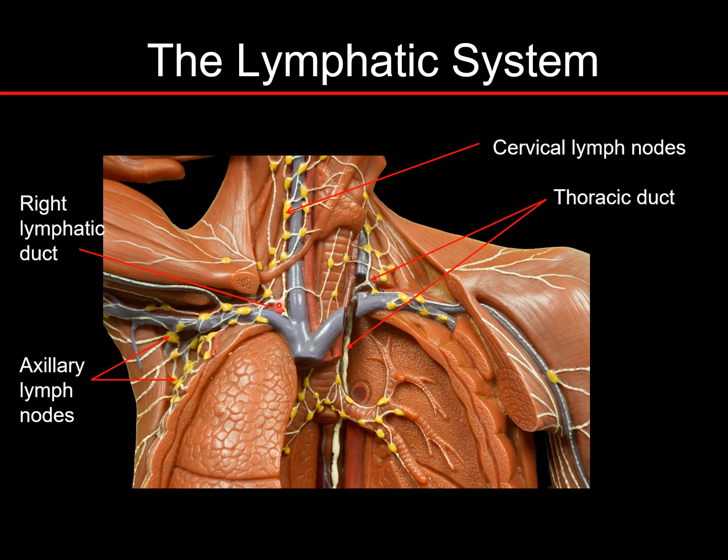And then on the right side, you have the right lymphatic duct draining into the region right here with the jugular and the subclavian. That way, all that lymph, all that fluid, is going back into the blood so that it has been filtered, so hopefully pathogen free, and it goes back to the heart so that all that fluid is back in the vascular system.